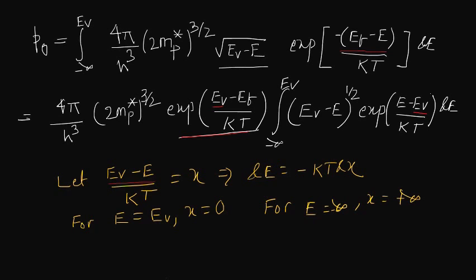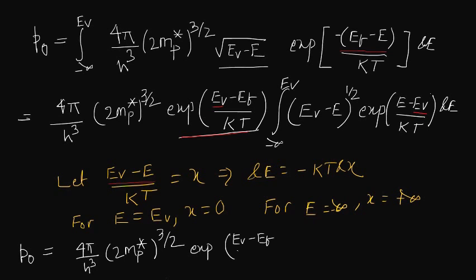So we can rewrite the above equation as P naught equals 4 pi by h cube, the constant term, and twice of mp star to the power 3 by 2, and exponential of EV minus EF divided by KT.